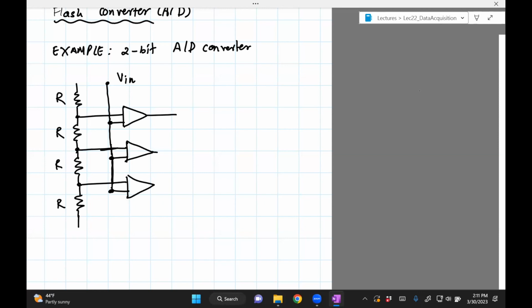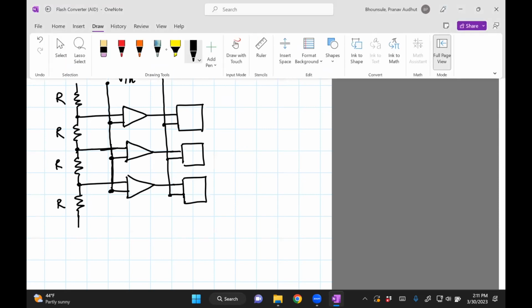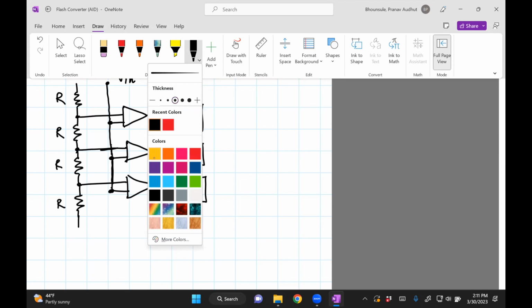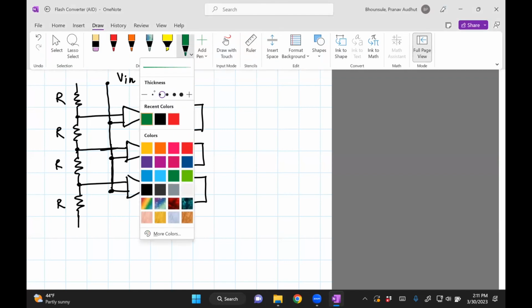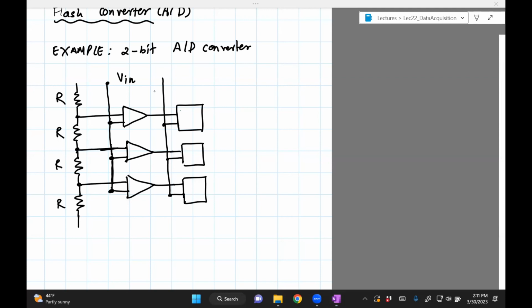So this will then go to 3 D flip-flops. So D, this is the clock.